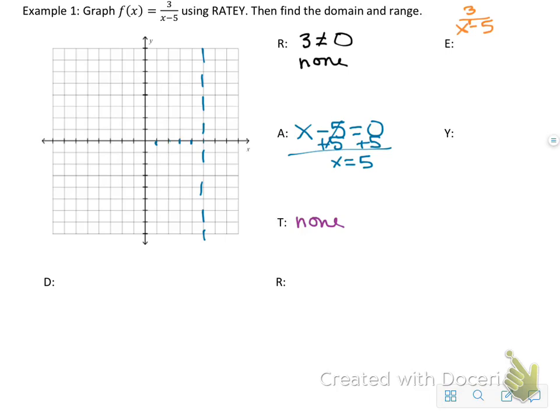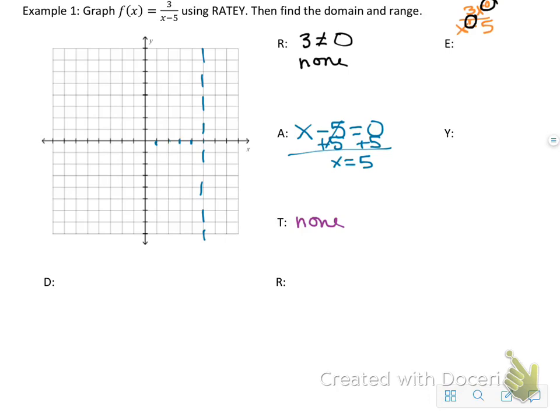On top, we don't have an x at all. So that's the same thing as saying 3x to the 0 power. Now you have to remember that when we do this, we're looking at these numbers right here. So is 0 bigger than 1? Is 1 bigger than 0? Or are they the same?